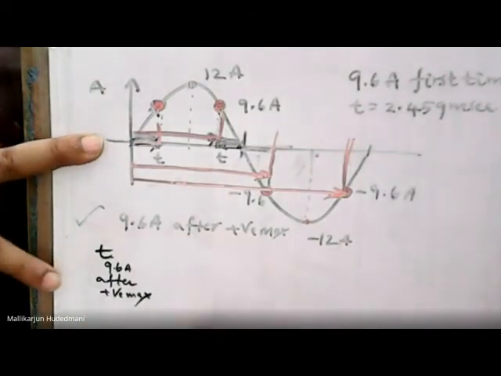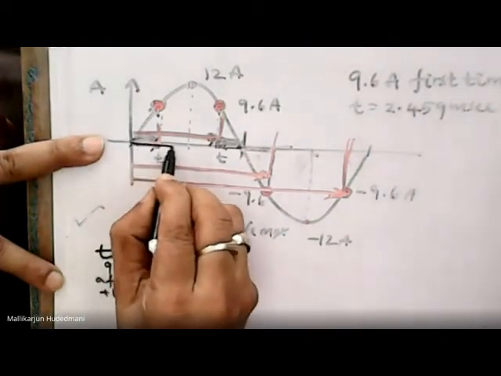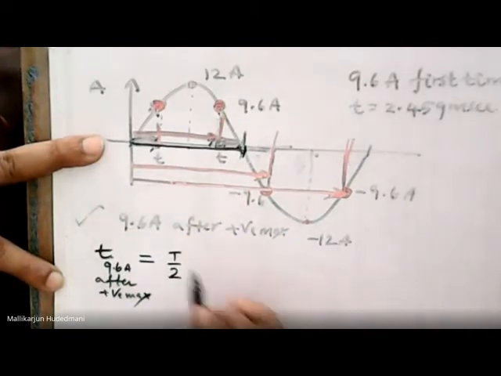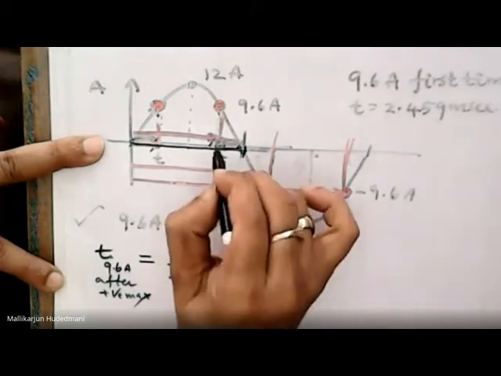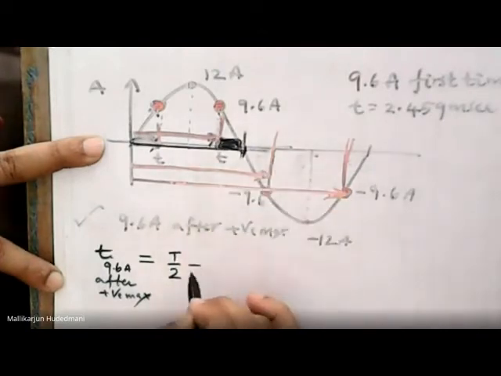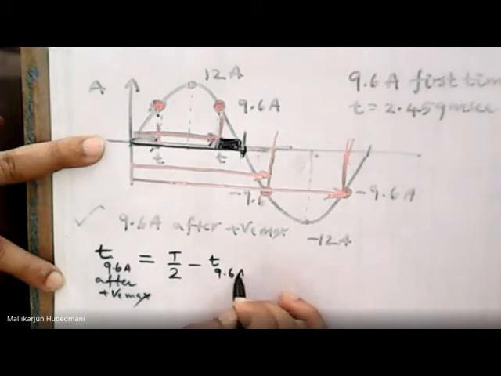Let's say T for 9.6 ampere after positive max is equal to what I will do? This whole length of time. What is this length of time? Of the cycle time, T by 2. Correct? Minus this length of time. This length of time as subtract. That is called T for 9.6 ampere first time. Can you see this? What I am doing?